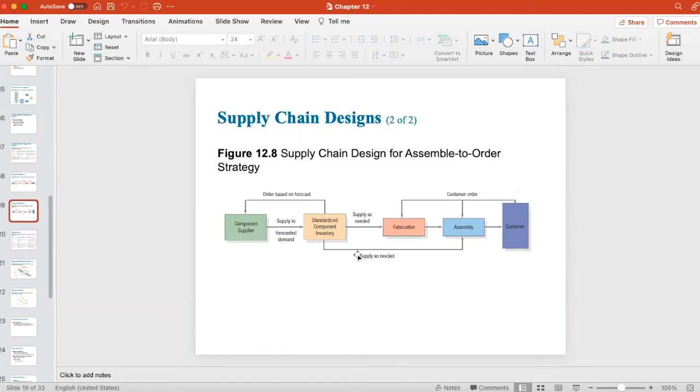Now, if we move to, let's say, this example of supply chain design for assemble to order strategy, this can be viewed as a very good example to illustrate the responsive supply chain design. Within the responsive supply chain design, you can clearly see that the structure itself is a little bit more complex. It will actually include some circle inside this whole structure, in order to be as flexible as possible, as responsive as possible.